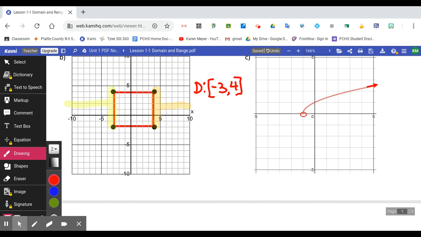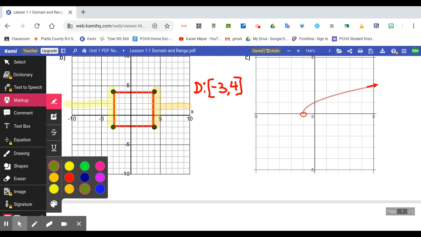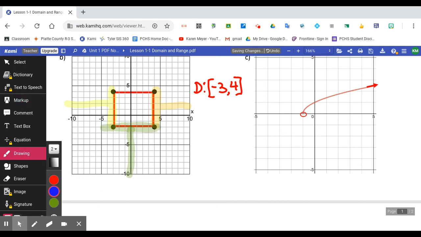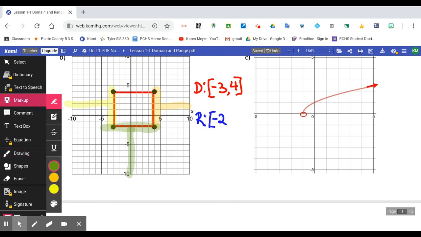So now for the range, let's go from the bottom. So if I go from the bottom, I come up. The very first time I'm going to hit it is going to be at the y number of -2. And then I'm going to put a bracket around it because it's a solid line. So now we're going to start at the top and work our way down.